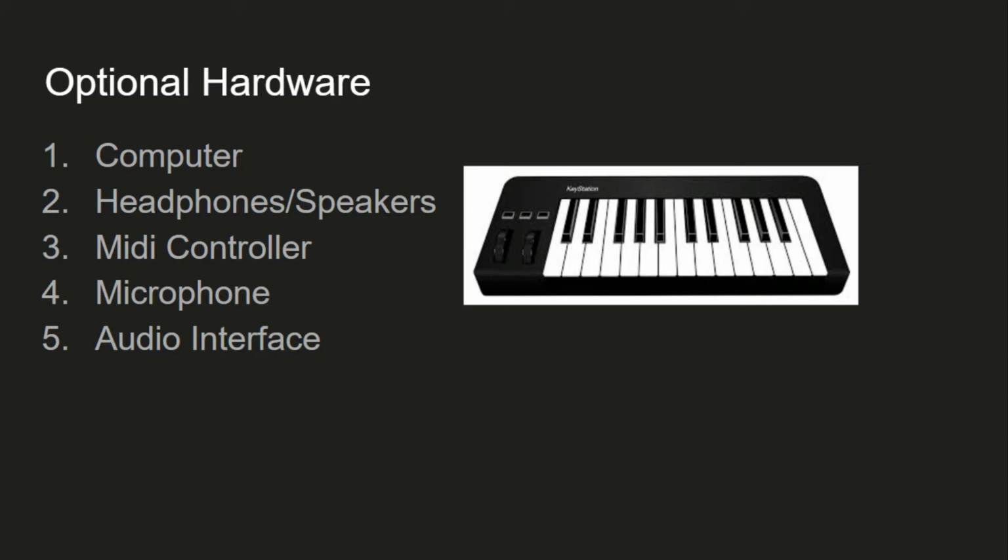Also, which 4 and 5 kind of go together, is a microphone and an audio interface. So obviously you know what a microphone is, and I'm using like a $30 mic right now that came with a stand and some other stuff, and it sounds fine. If you really want a great sounding microphone, you might have to spend a couple $100.